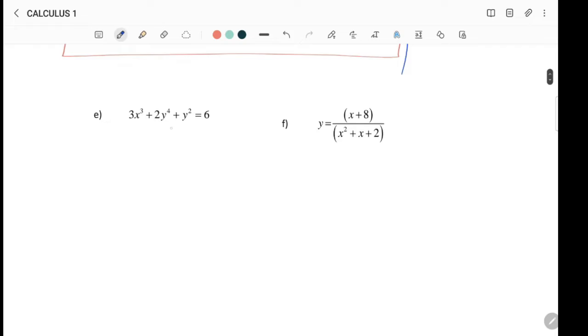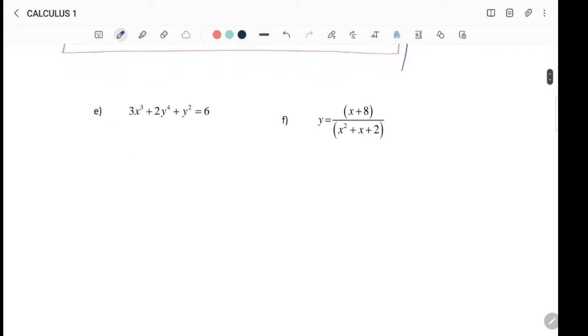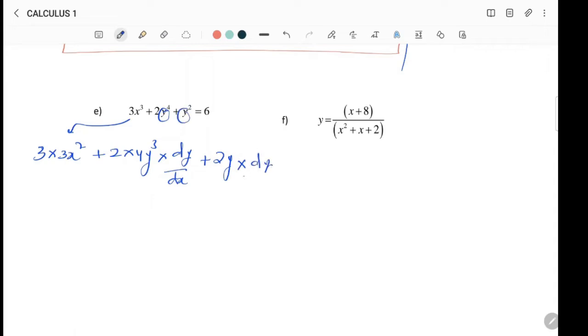Now E part, this is implicit function, so we have to differentiate that. Okay, very simple, just differentiate. So this 3x cube differentiation is 3 times 3x squared, now 2 times 4y cube, but y differentiation will be dy by dx, and y squared differentiation will be 2y, then times y differentiation is dy by dx, and 6 differentiation would be 0.